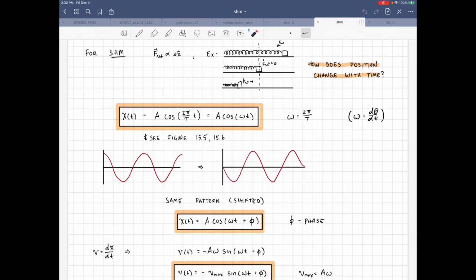So again, this is my mass here. It's moving back and forth, right? So there's the periodic motion. So the position changes with time. Now, how does it change with time?